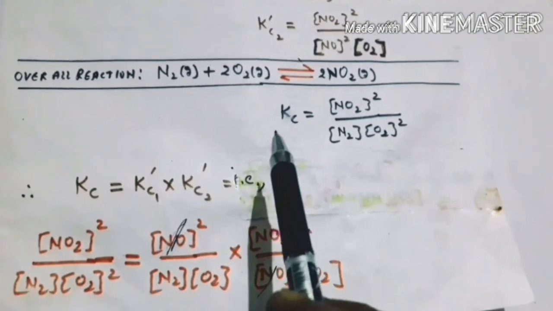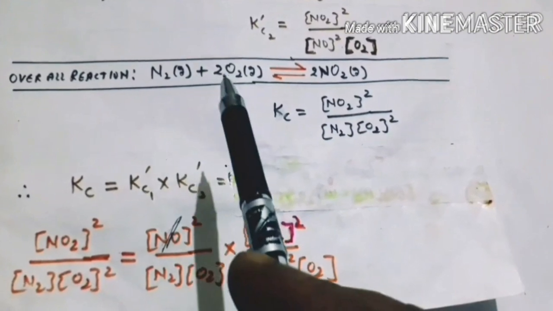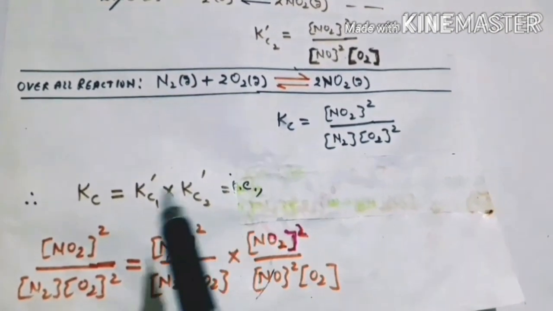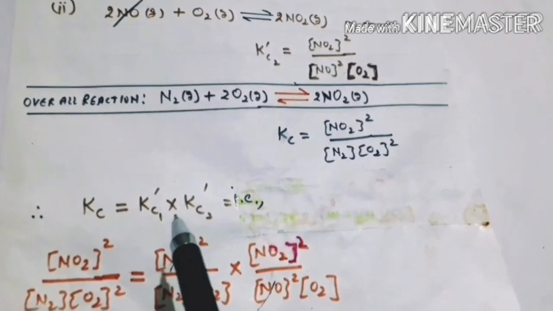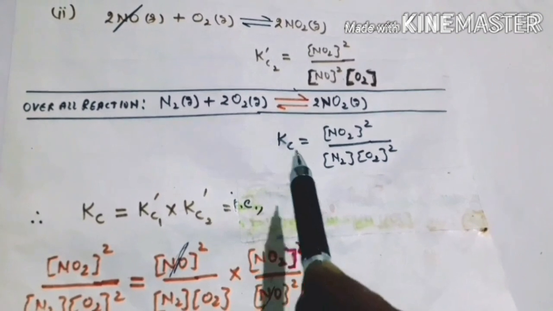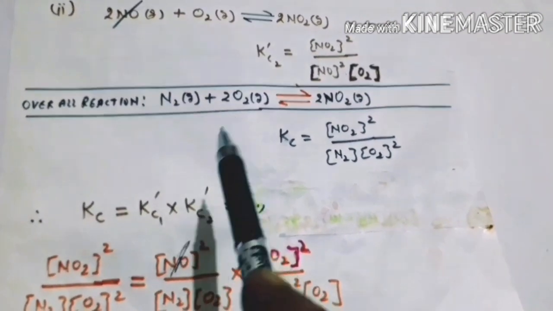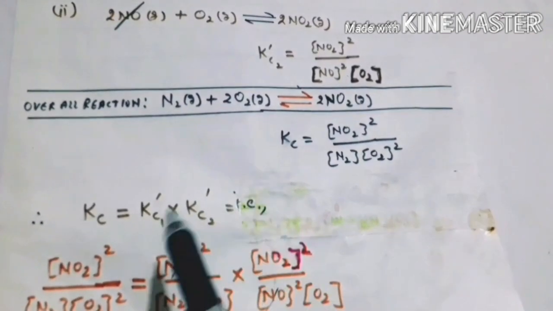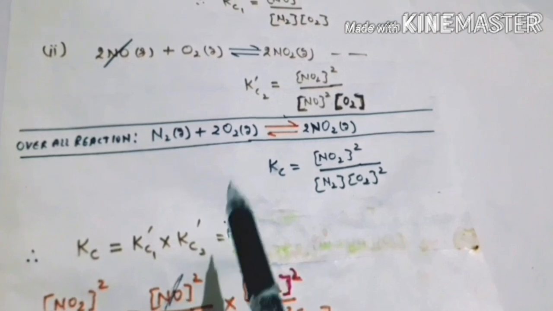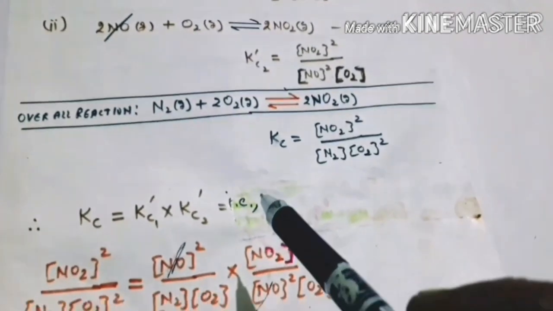So here Kc is the equilibrium constant of the overall complex reversible reaction, and it is found that the overall equilibrium constant Kc of the overall complex reversible reaction is equal to the product of the equilibrium constants of its elementary reactions.